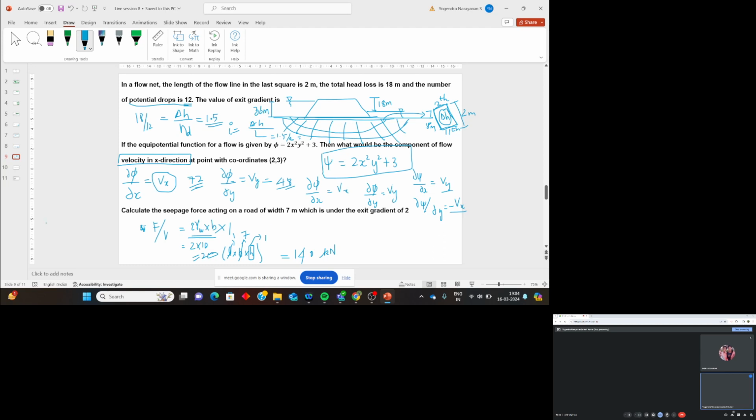Okay. Now let us move. Yes, clear. The total 140 kilonewton is equal to seepage force. Per unit volume or not? No, see, if nothing is given, you can take this as unit length.